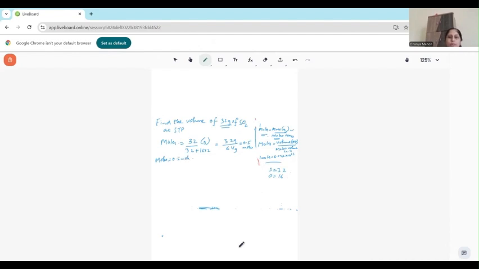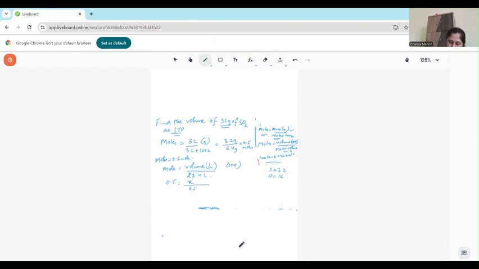Now you know the number of moles, 0.5 mole, right? What do you have to find out? Volume. So can we use the second formula? Mole equal to volume in liters at STP. STP is already given to you, so we don't have to worry. And what is the molar volume? It is 22.4 liters, right? So mole is 0.5, volume I'm keeping as X over 22.4.